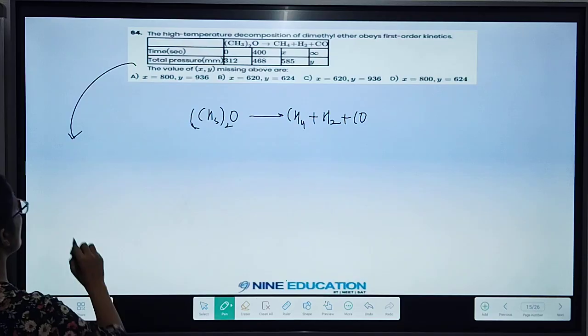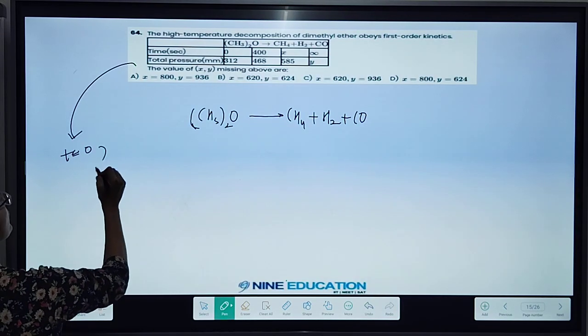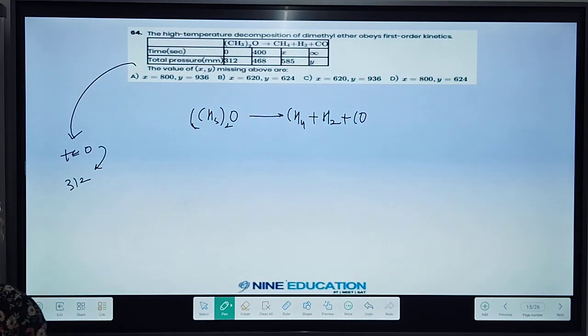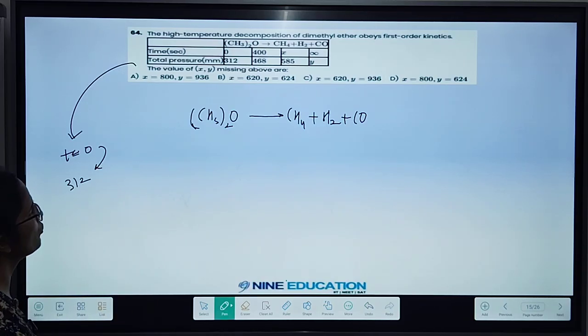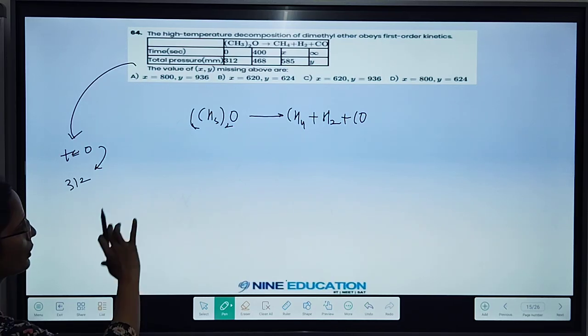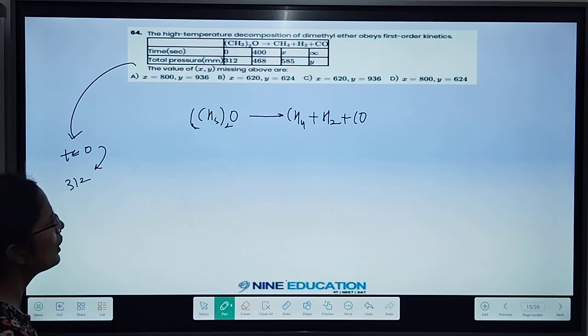Now, at t equal to 0, we have some pressure which is 312, which simply corresponds to the ether only. After t equal to 400 seconds, we have some different total pressure corresponding to the products and the reactant.